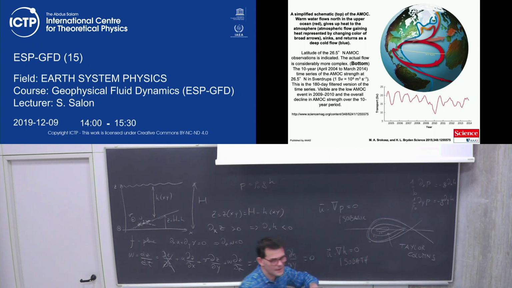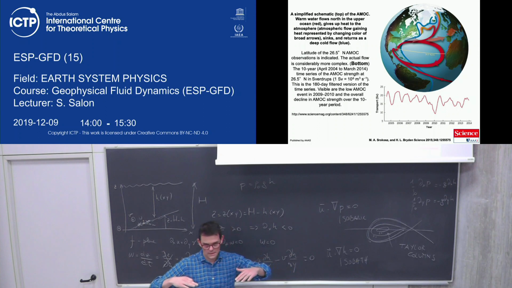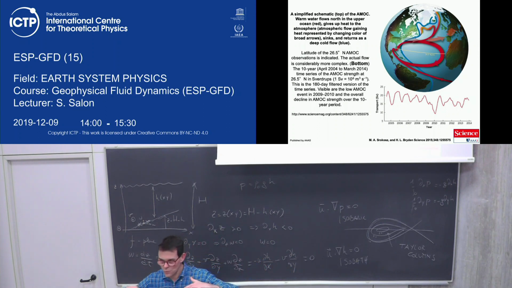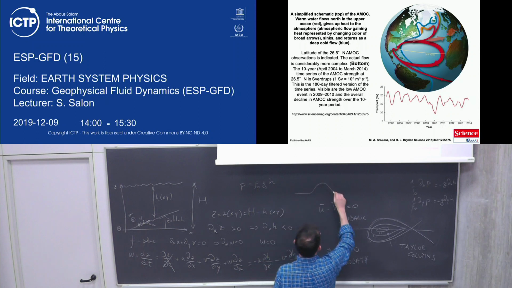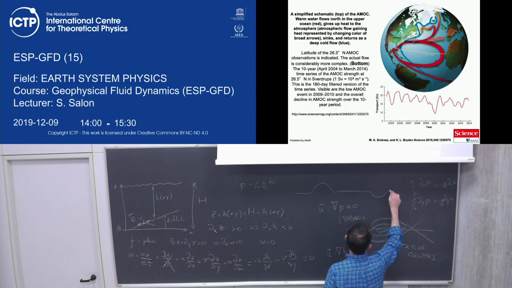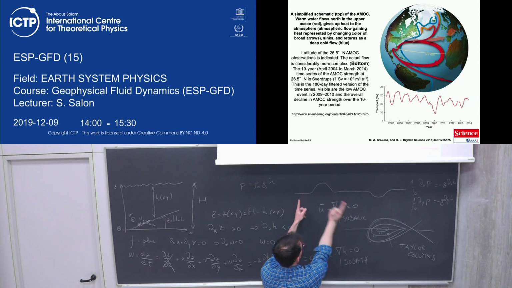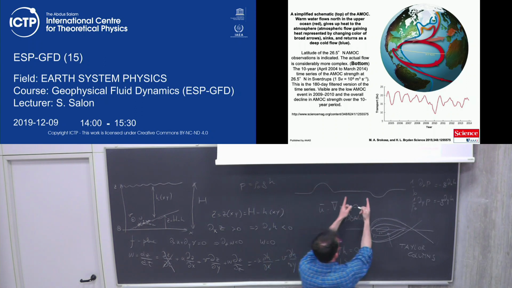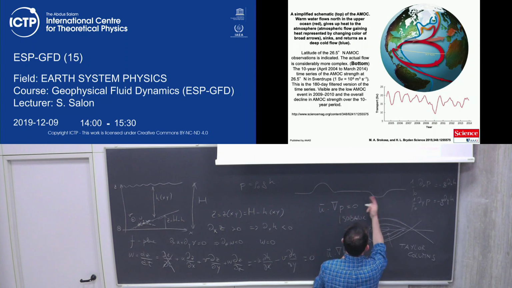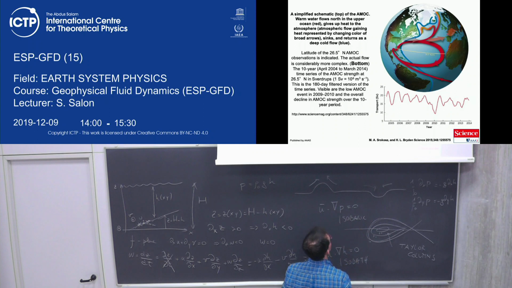So if we have any obstacle, the geostrophic flow will circumnavigate the obstacle and never cross it. Okay? So if we have a bump or a hole, we will have only something like this and like this, or like this and like this. Never. This is not allowed.